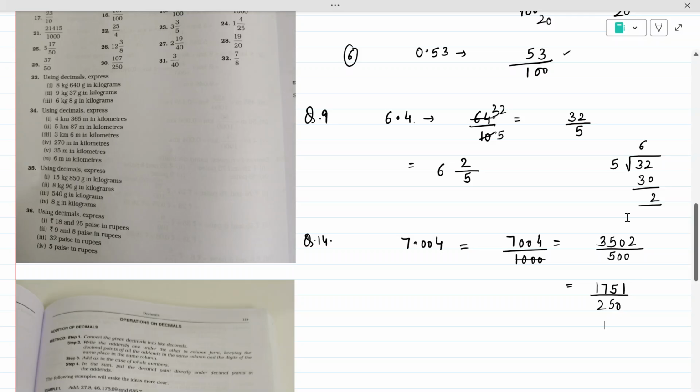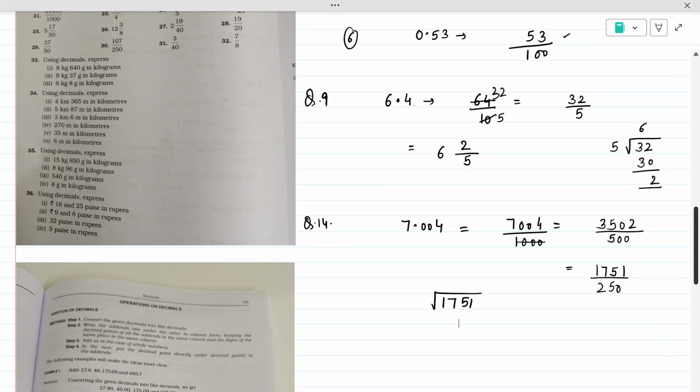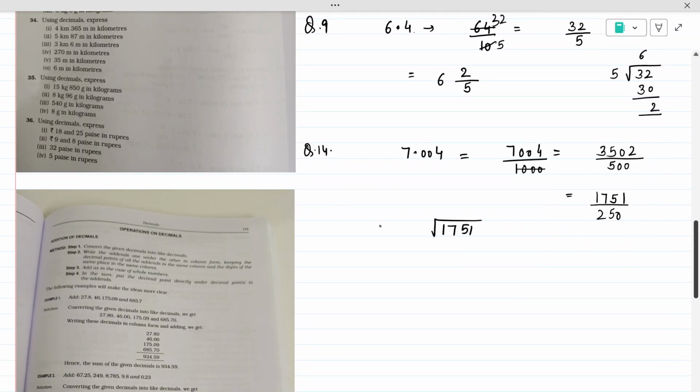So now let's divide this. We have 1751 divided by 250. So when we divide this by 250, 250 into 7 is 1750. When you multiply this, you will get it, and the remainder is 1 here.